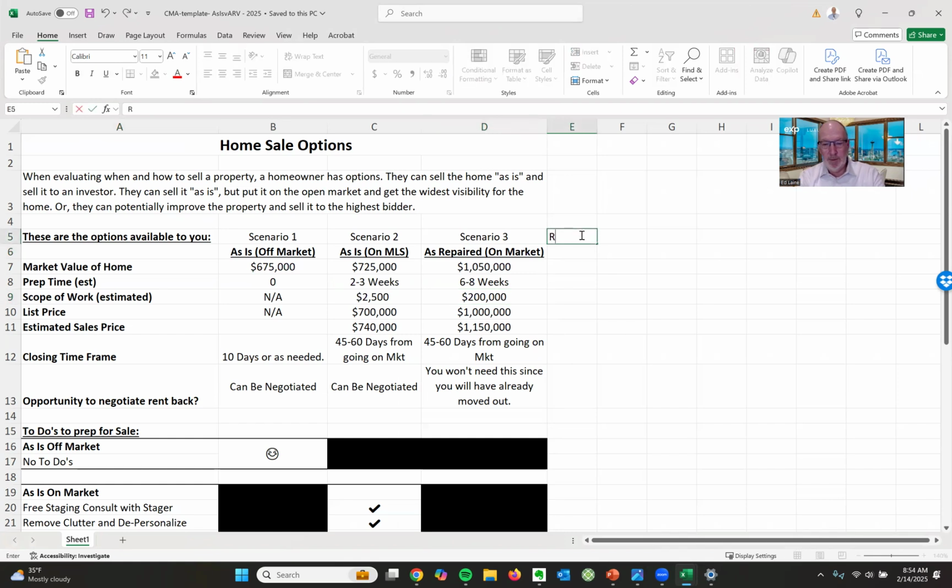You could even put ROI over here, which would be equal to the money invested divided by the difference between what it would have sold for as is, and what it ultimately sold for because you did the rehab. So that's the ROI.